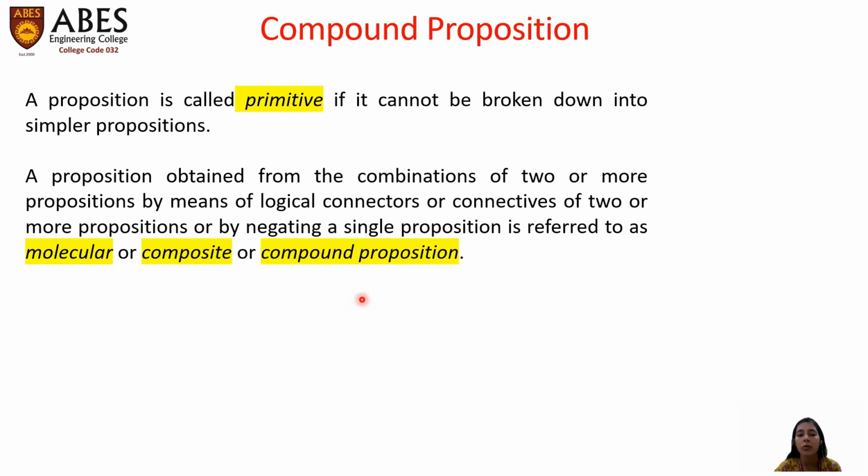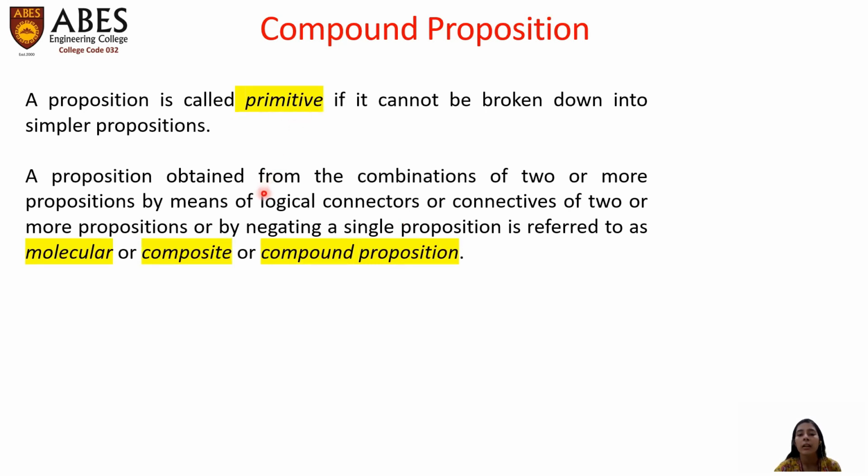Now we have to discuss the types of propositions. Generally we have two types: the primitive or primary proposition, and the composite proposition. If we cannot break down the proposition into simpler propositions, we say that the proposition is primitive or primary.